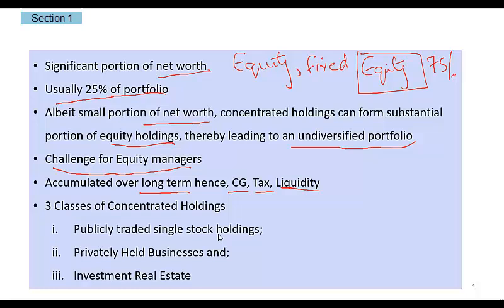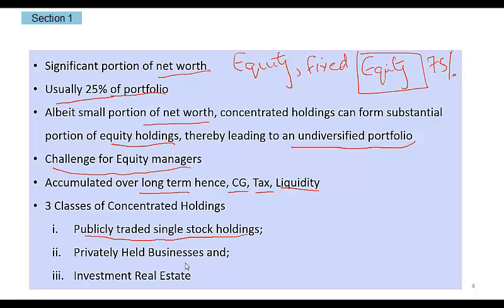The first one is publicly traded single stock holdings. This could be a significant block of shares in a company that is listed on the stock exchange. It could be a large cap or a small cap. It depends on individual ownership composition.